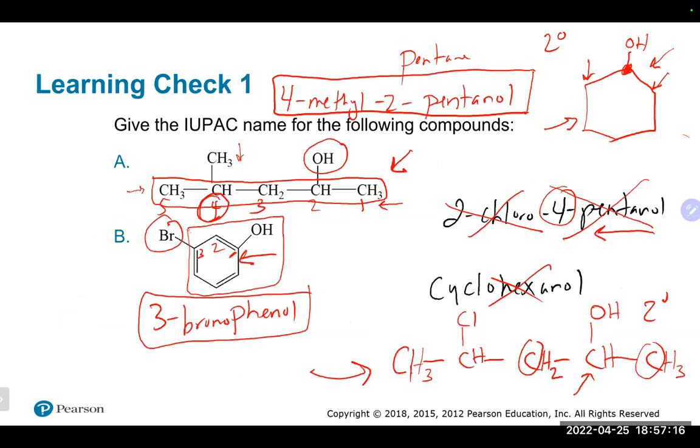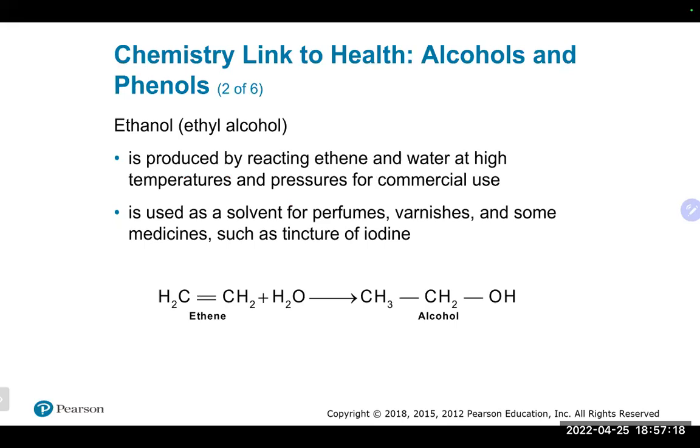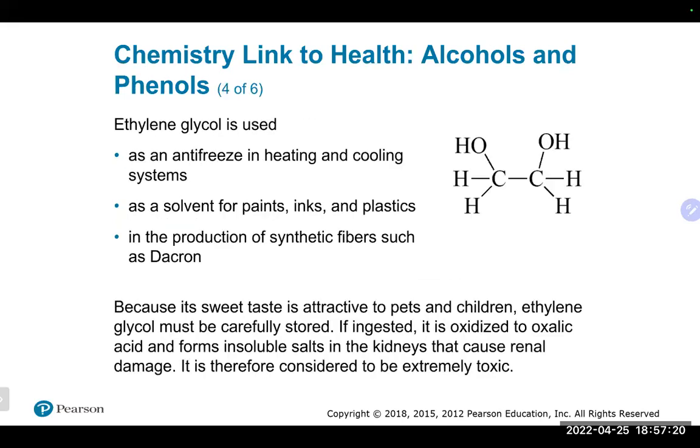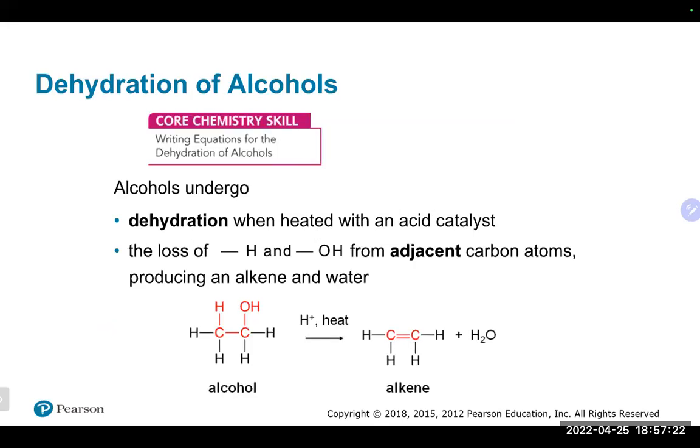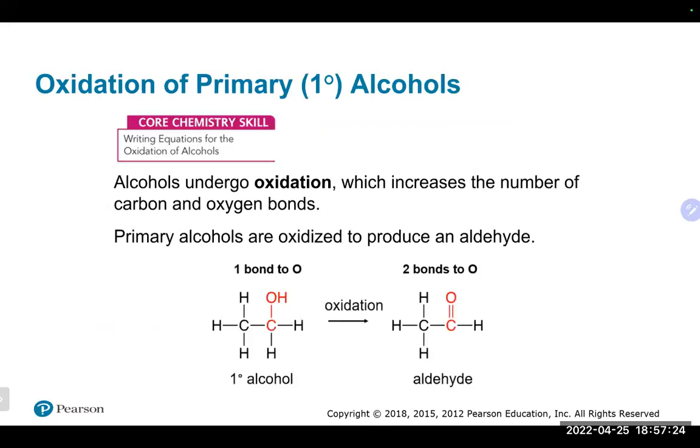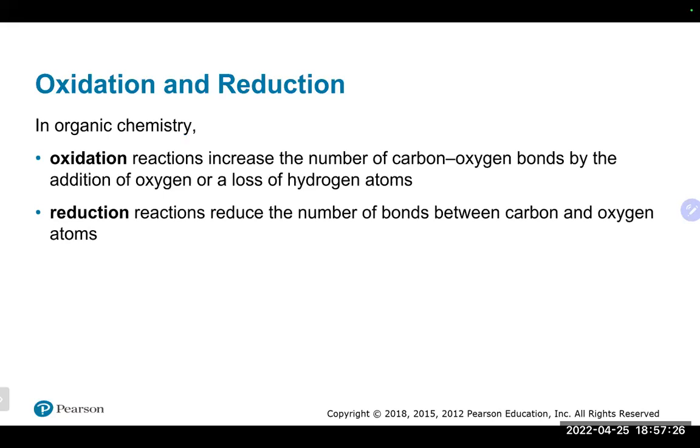All right. So these are really important for some of the reactions that alcohols go through. So for the last couple of minutes here, let's talk about some of those, which again might be helpful for your lab. Alcohols undergo one type of reaction, which is oxidation and reduction reactions. And we talked about oxidation reduction reactions, I think, when we talked about types of reactions.